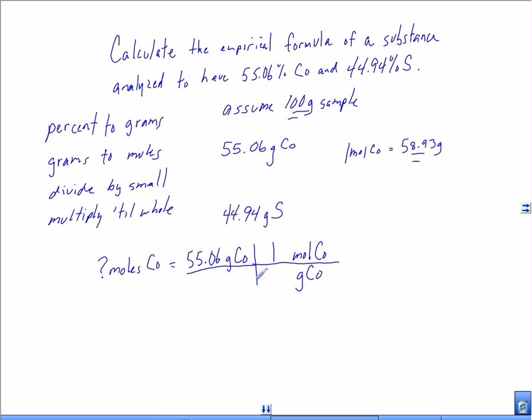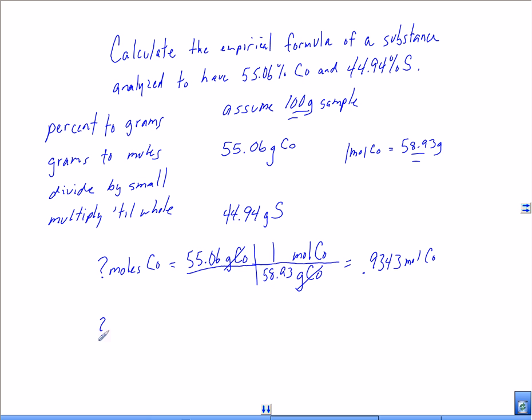So in 1 mole of cobalt, I have a mass of 58.93 grams. Grams are going to cancel. Now I have 55.06 divided by 58.93, and I get 0.9343 moles of cobalt.